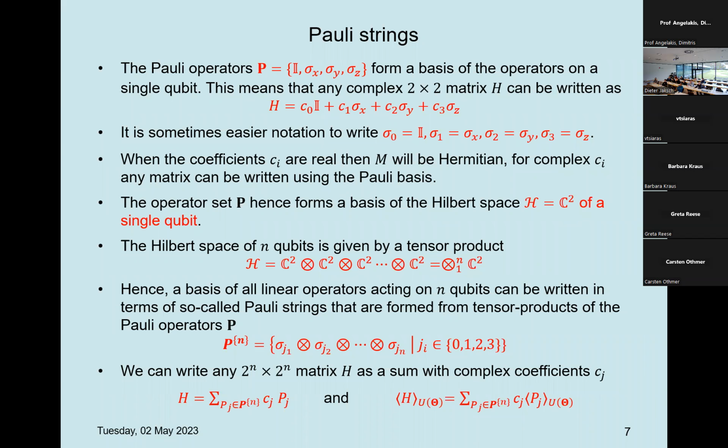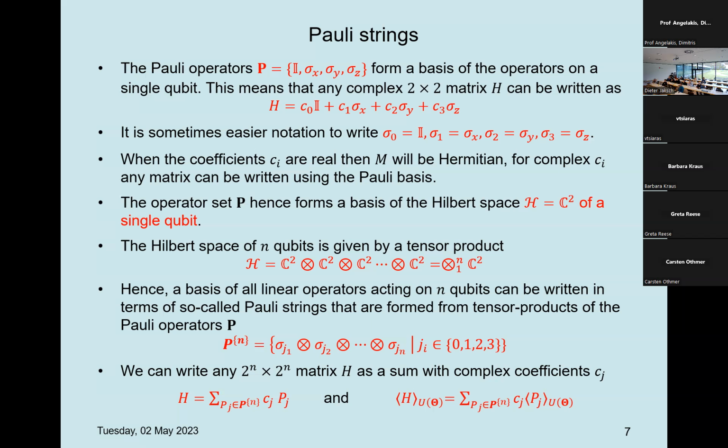The reason for this is maybe a bit technical, but essentially, if we take the space of the states of the qubit, then the basis for the operators on that space can be the Pauli matrices. If we take the identity matrix and the X, Y, and Z Pauli matrices, then these operators form a basis of all the operators that you can apply to a qubit.